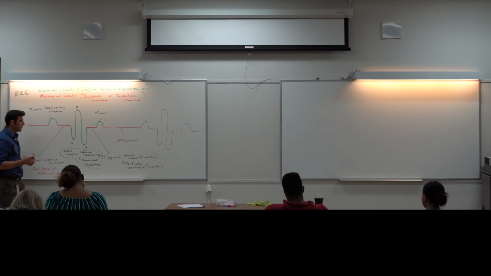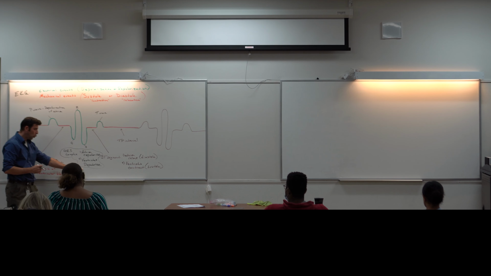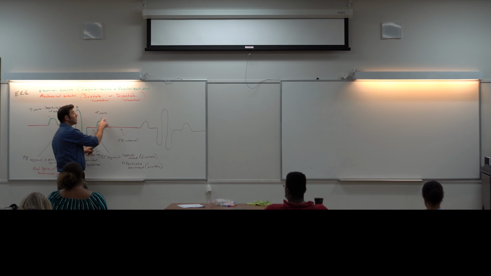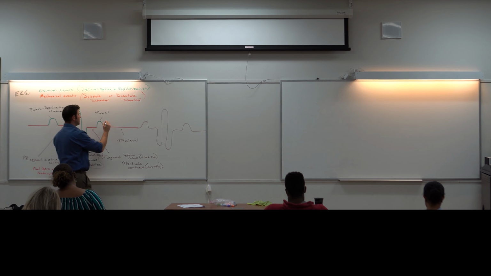T wave is our last electrical event, and what is happening there in the T wave, the ventricles have just been told to depolarize. They contract, and following that contraction, they're now going to repolarize. So T wave is our ventricular repolarization.